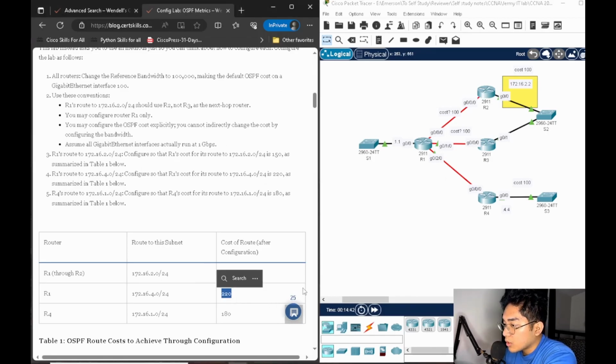We need 220, so we need to change this to 120. The cost should be 120, so that the total will be 220.